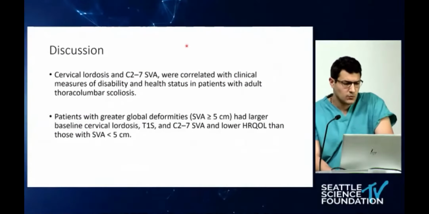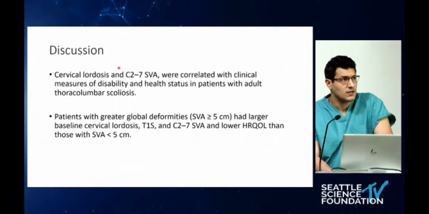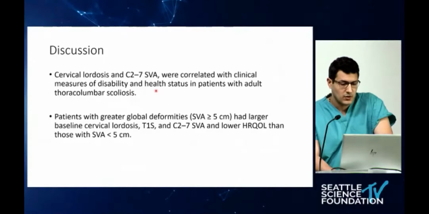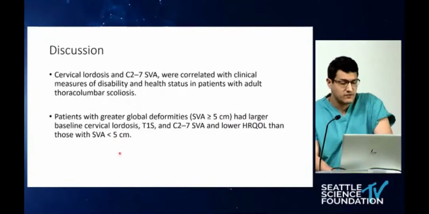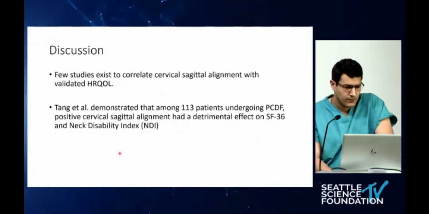For the discussion points, they found that cervical lordosis and C2-7 SVA were correlated with measures of disability among patients with adult thoracolumbar scoliosis, and patients with SVA more than 5 centimeters had larger baseline cervical lordosis, T1 slope, C2 SVA, and lower quality of life than those with SVA less than 5 centimeters.